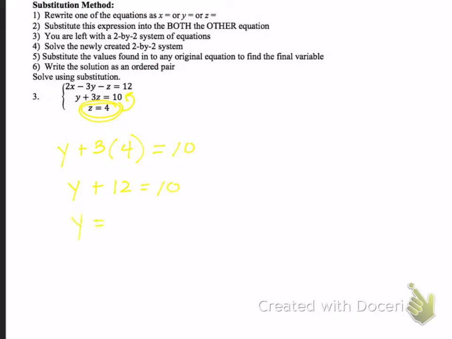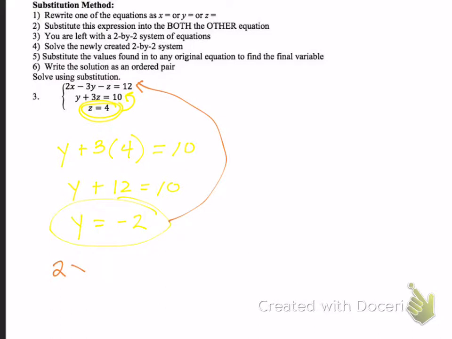So y equals what? Negative 12 or negative 2. So I've got z equals 4, y equals negative 2, and I take those and I plug them both into the top equation.